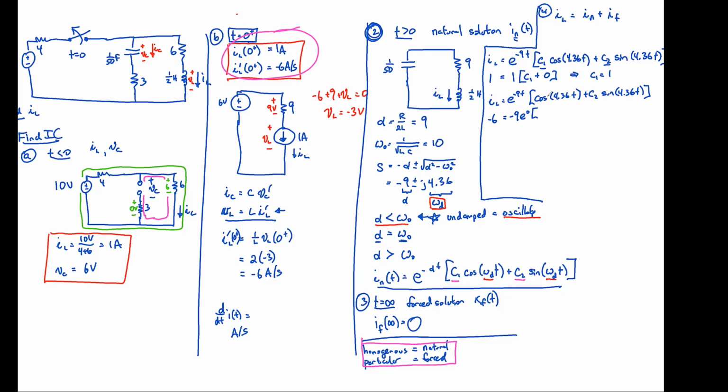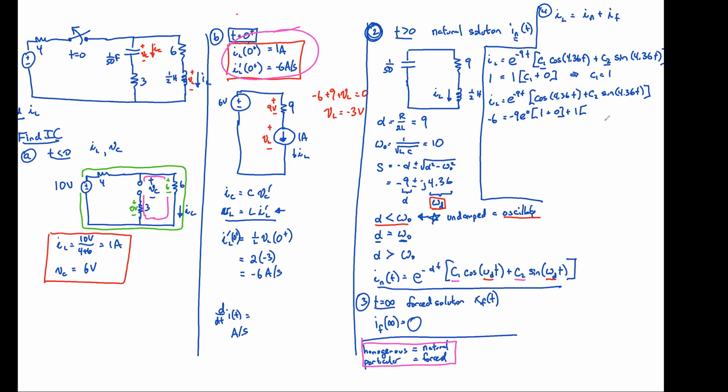This becomes cosine of this mess, which just becomes 1 plus 0. And then we're going to add to it this thing taken at 0, which is just 1, times the derivative of this.